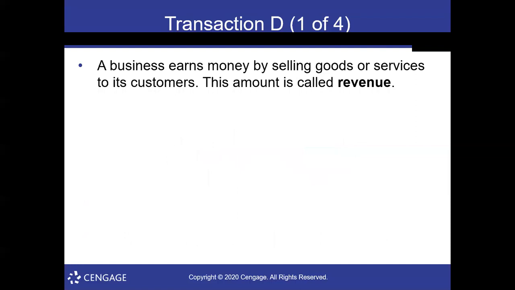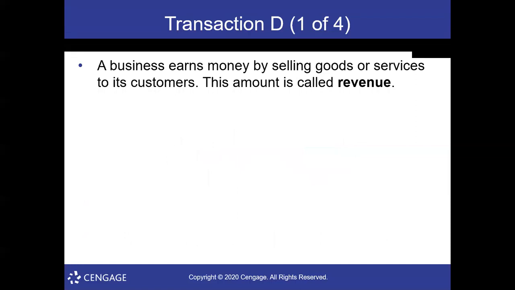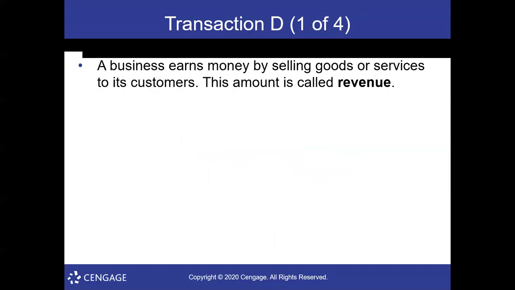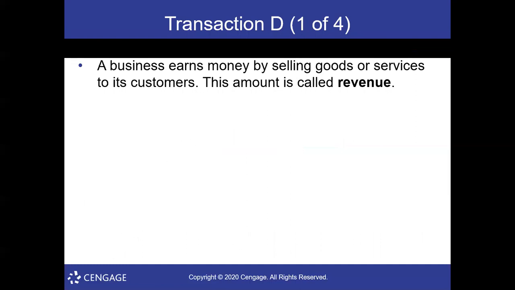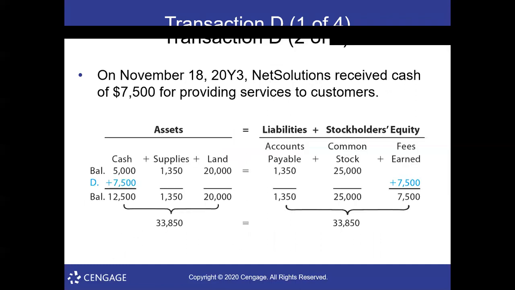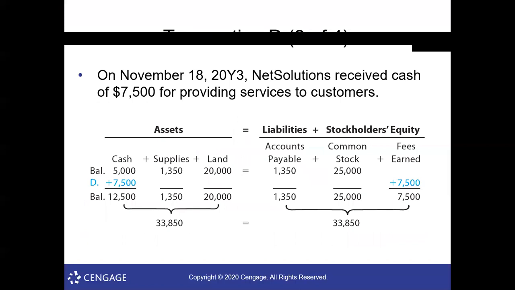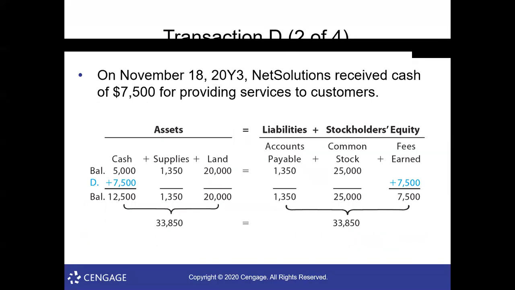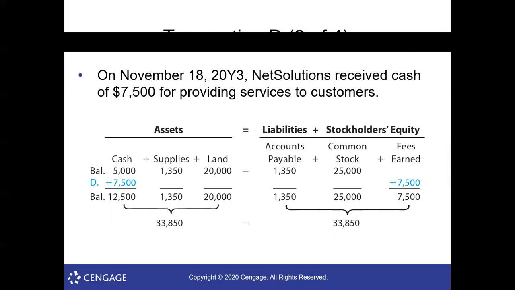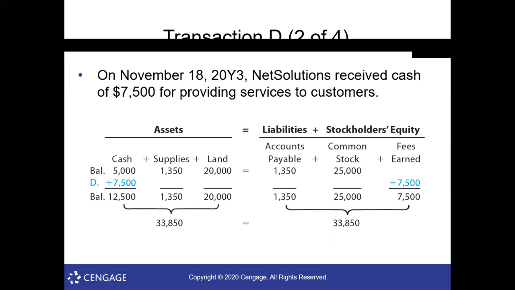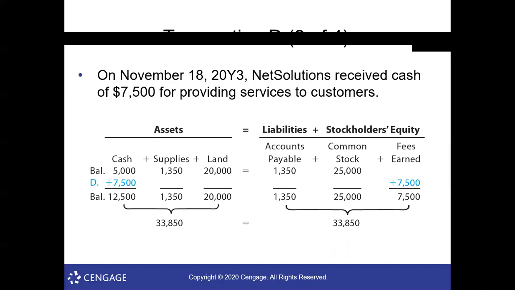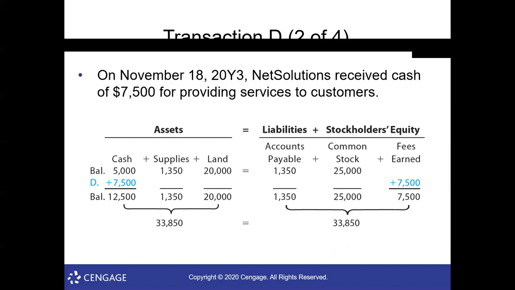So the way a for-profit entity makes their living is they sell either a good or service to their customers in the form of revenue. So this NetSolutions, this internet company, has provided some services to their customers, and they've received payment for those services in the amount of $7,500.